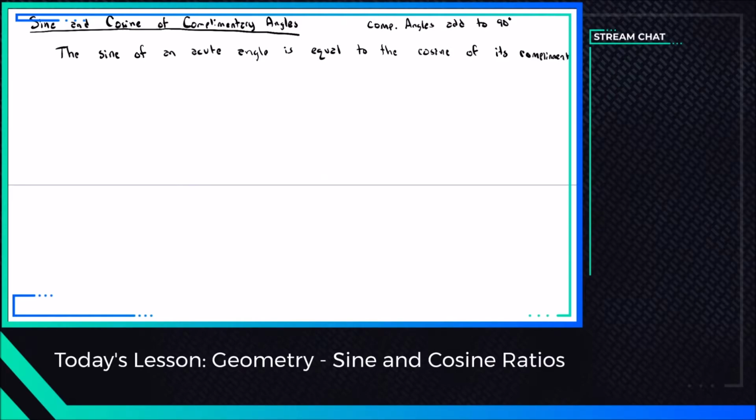And likewise, the cosine of an acute angle is equal to the sine of its complement.